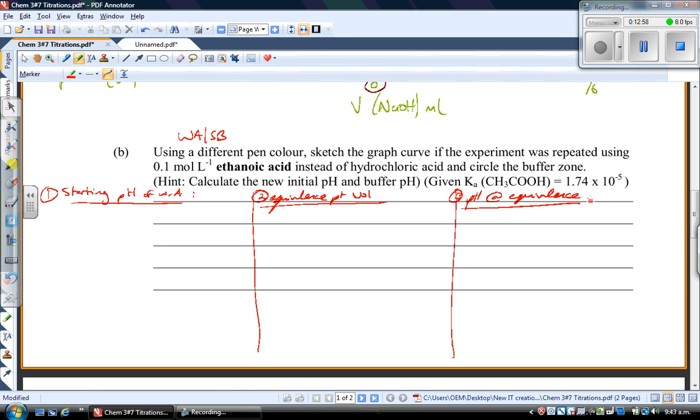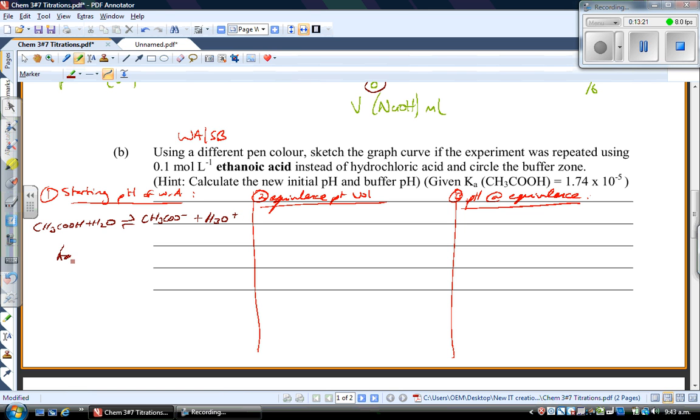So the first thing here is the starting pH of the weak acid. Well, the weak acid here is ethanoic acid, which comes up again and again. So at the beginning, we only have ethanoic acid present. So ethanoic acid sets up its little equilibrium with water. And the only species we have are ethanoic acid plus water, its conjugate base ethanoate plus hydronium ions.